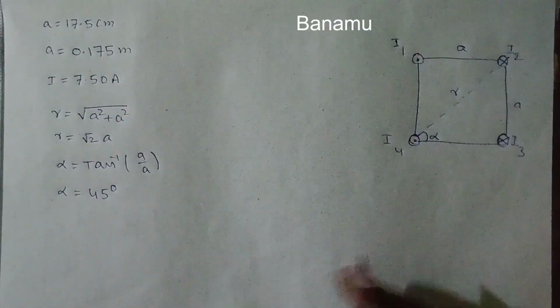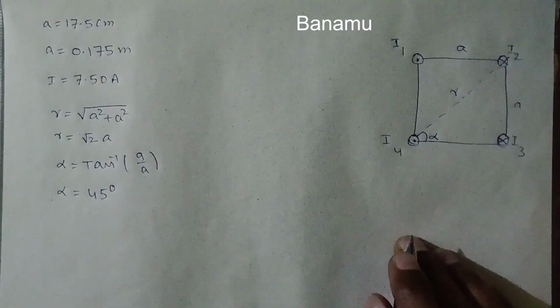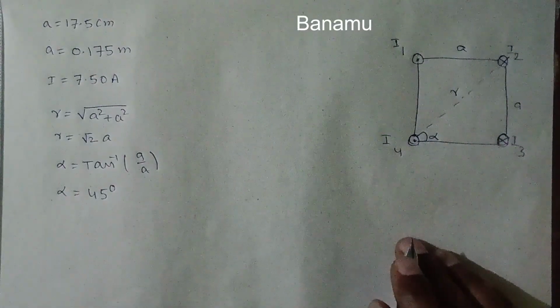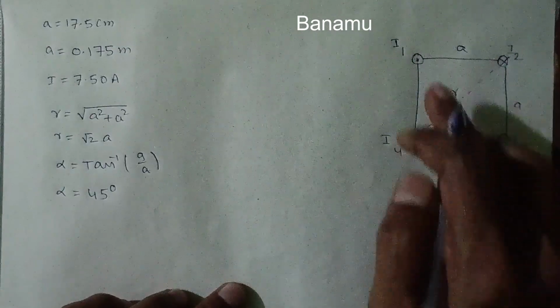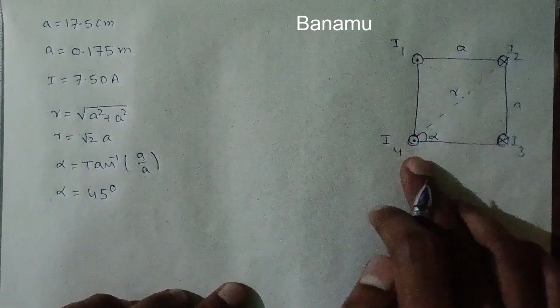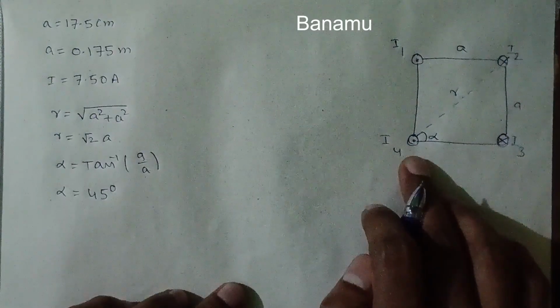Let us consider the direction of the magnetic force due to each wire. Consider wire 1 and wire 4. Both carry current in the same direction, so they attract each other.